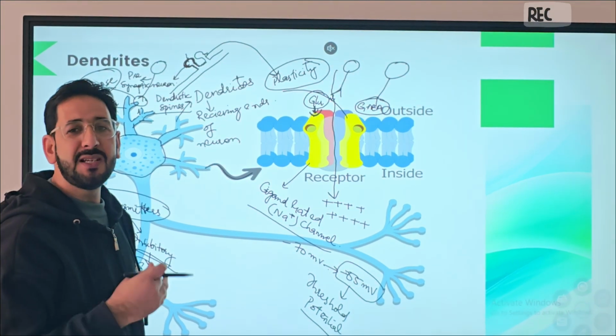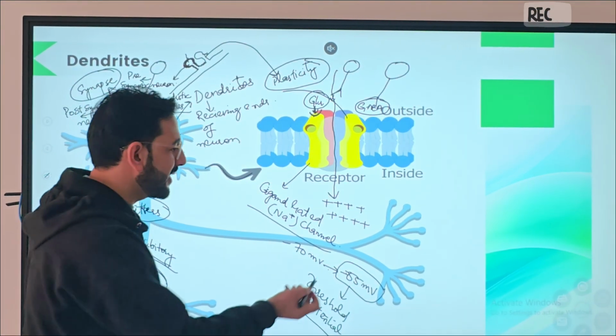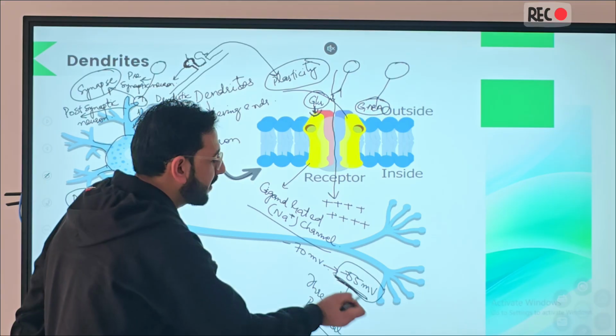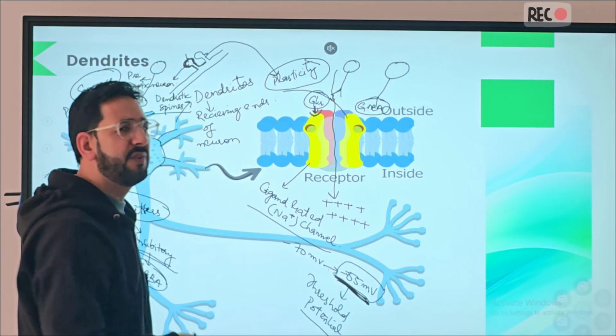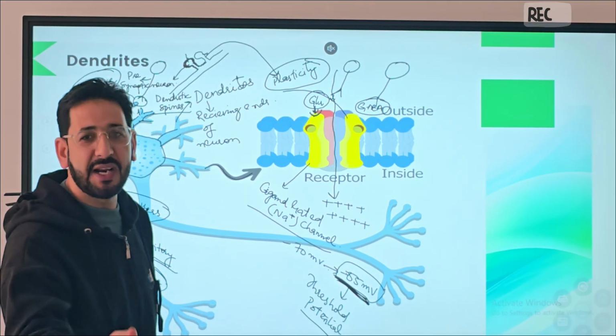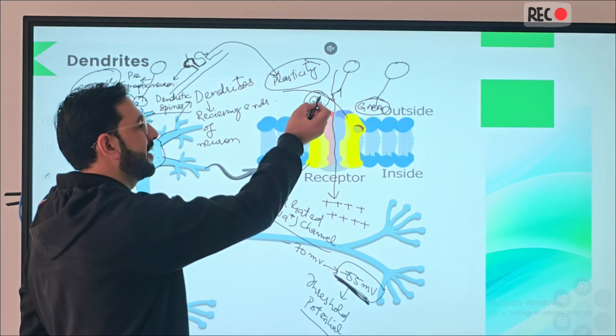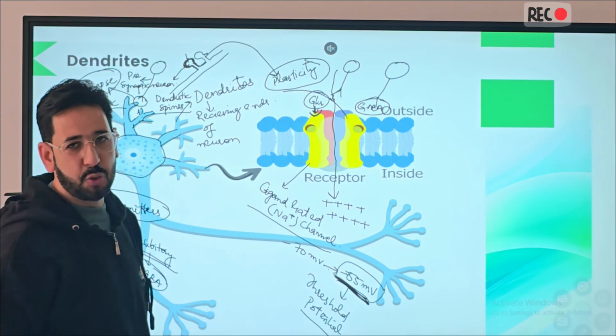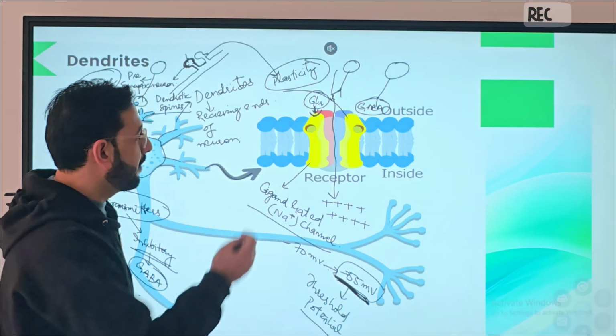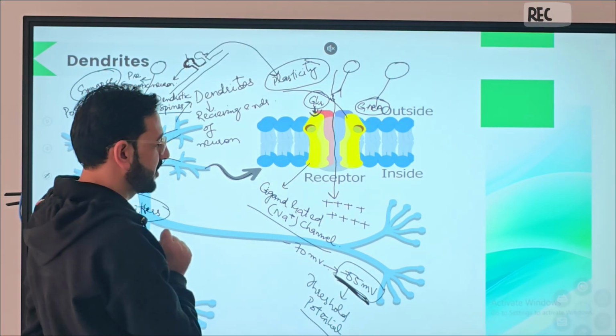So it is exciting the cell. Now at -55 millivolt, it is very easy for the cell to generate the action potential, the nerve impulse. That means glutamate has excited this neuron by opening the ligand gated sodium channels.